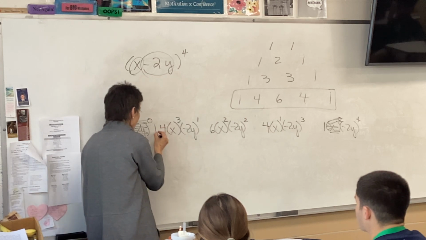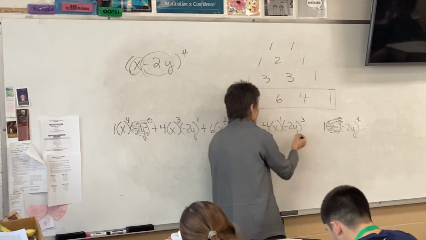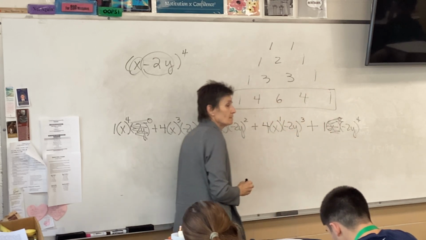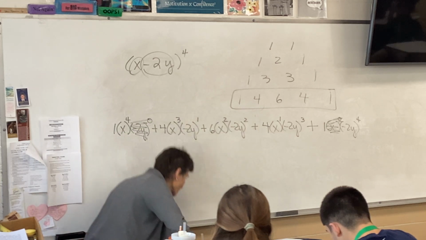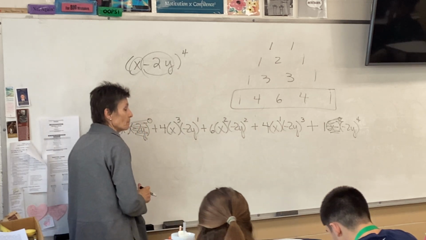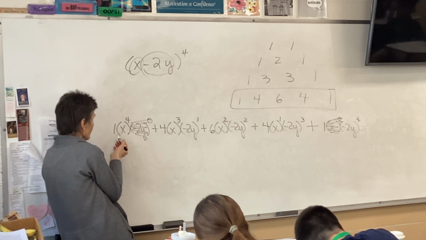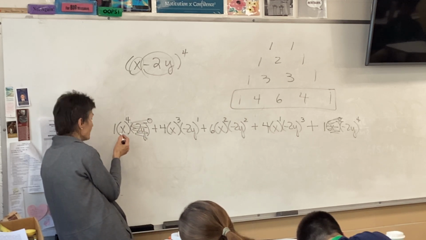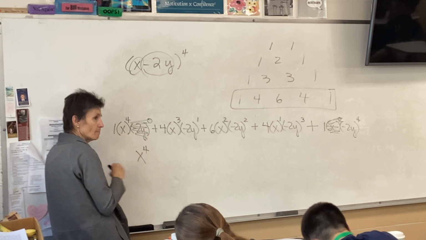Put plus signs between each of your terms to help you keep them separated, because each term is going to be a multiplication. So in this first term, this one's easy, we're multiplying 1 times x to the 4th, which is just going to be x to the 4th.